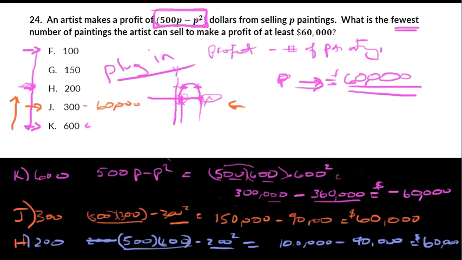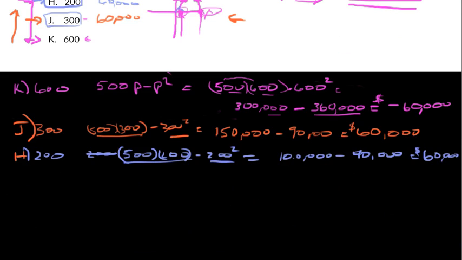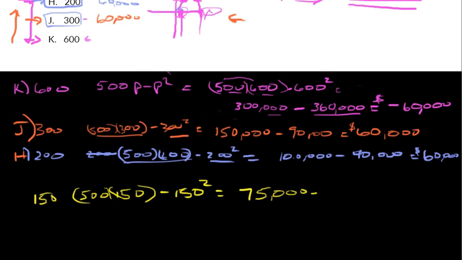So now we have two answers. Now let's go ahead and do the rest. 150 is the next one. So 150, 500 times 150 minus 150 squared equals 75,000 minus 22,500, and that equals 52,500. And now we're on the downside.